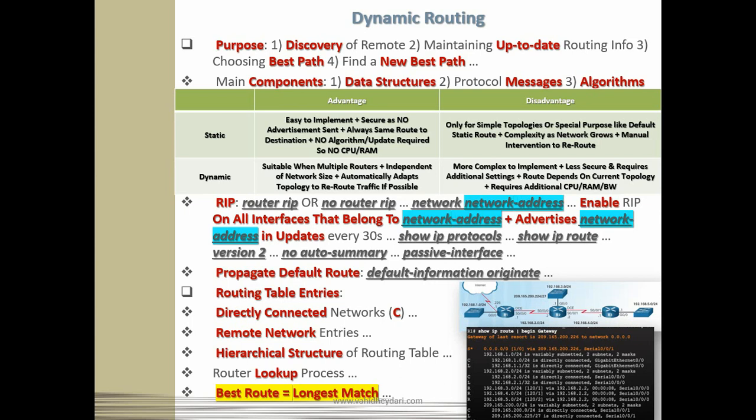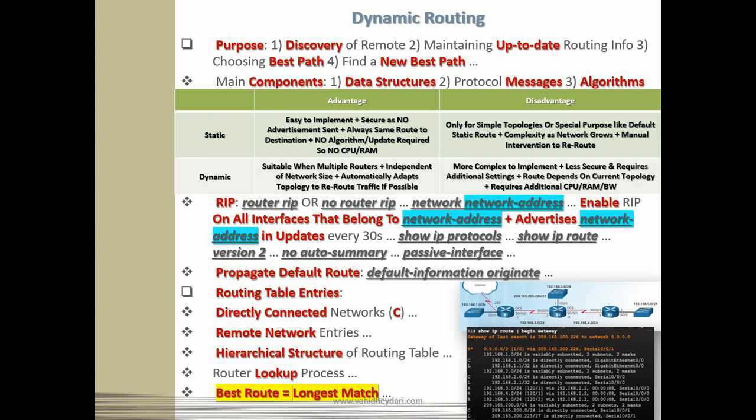We have previously seen how networks can be learned. Remote locations or remote networks can be learned statically or dynamically. And that's why we have static routing and dynamic routing in place. We use static routing when we have small networks. For easy routing table maintenance in small networks, we use static routing.